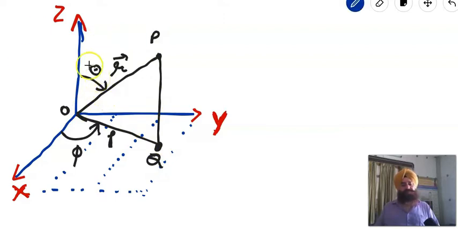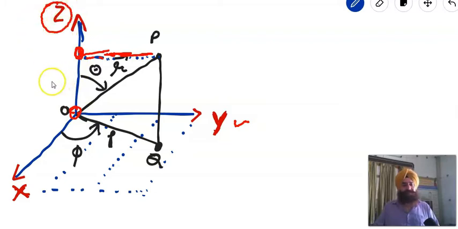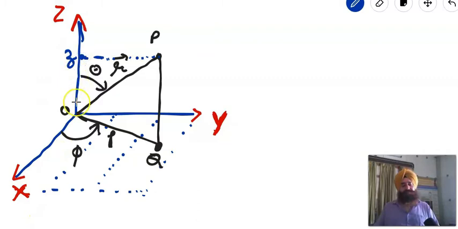Now this line is perpendicular to the z axis, and this is parallel to the y axis also. Now from here to here, what is the value of this line? Because it is along the z axis, we call it small z. Now consider this right angle triangle.